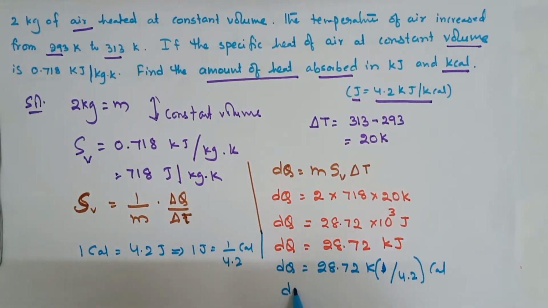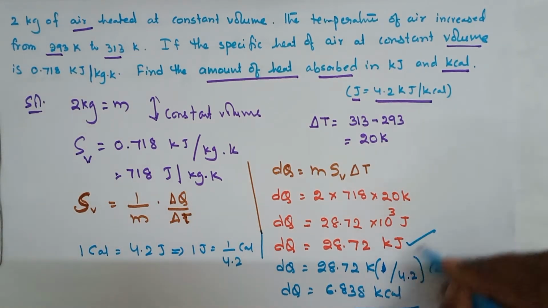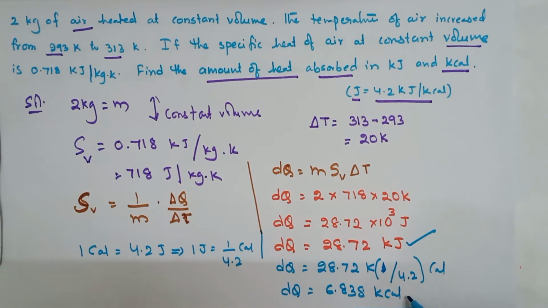Now dQ is equal to 28.72 kilojoules, and joule means 1 by 4.2 calories. Now dQ in kilocalories: 28.72 by 4.2, which is 6.838 kilocalories. This is one answer in kilojoules. This is the other answer in kilocalories.